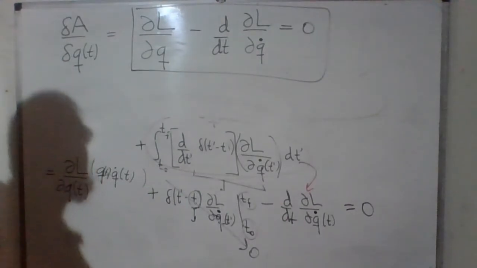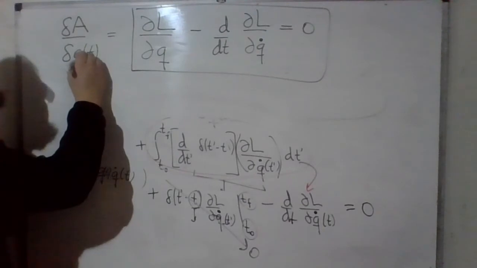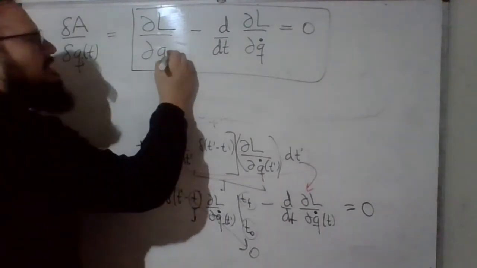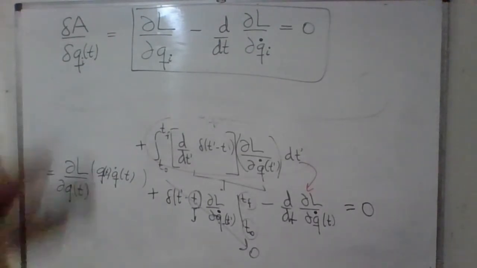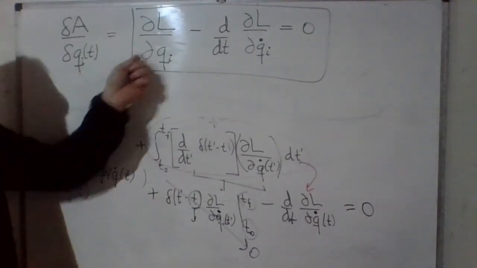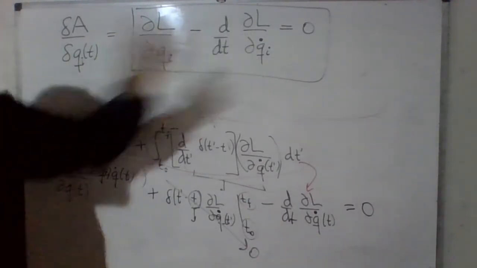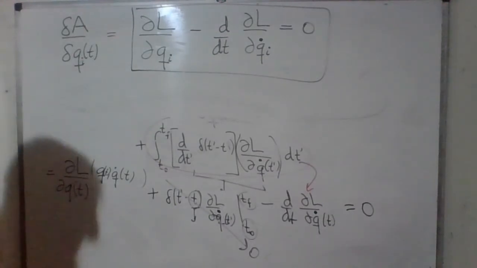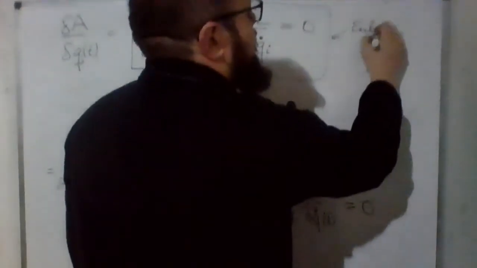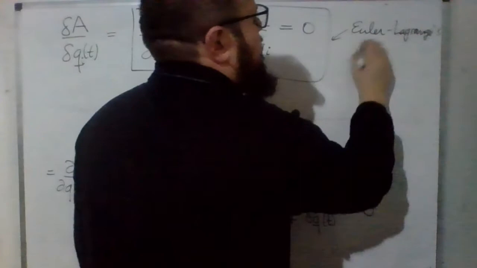So if you have a three-dimensional space, for each component i, you have an equation, right? So for each component x, y, and z, dL/dx, d/dt of the component of velocity with respect to the x-axis, and so on. So these are the Euler-Lagrange equations.